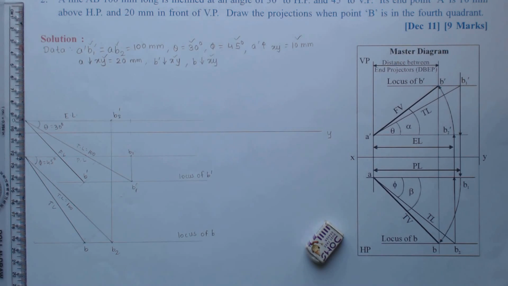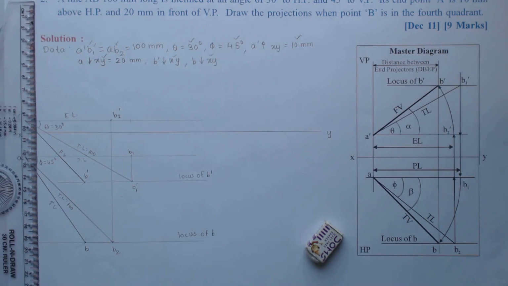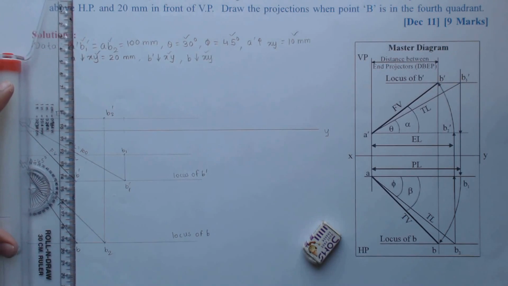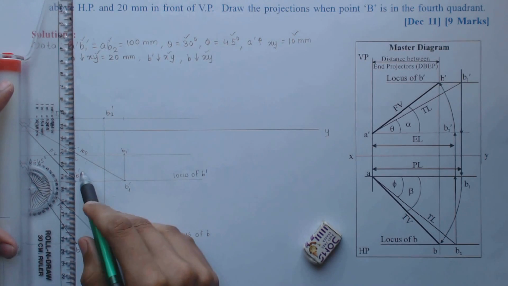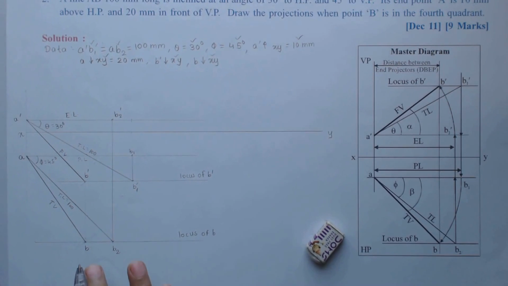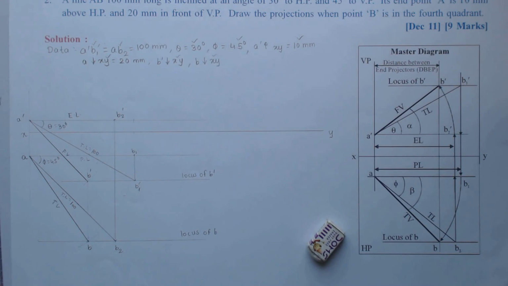Every time it is not possible to get those points B dash and B on the same vertical line, because some error in measuring the angles or drawing the parallel lines will produce some error. So now here I can check B dash and B are lying on the same vertical line. That means I can assure that my solution is right. Some minute error is acceptable. Okay, so that completes the solution for this problem.